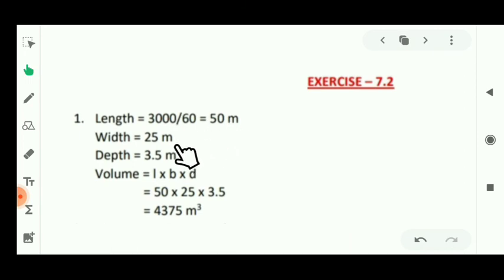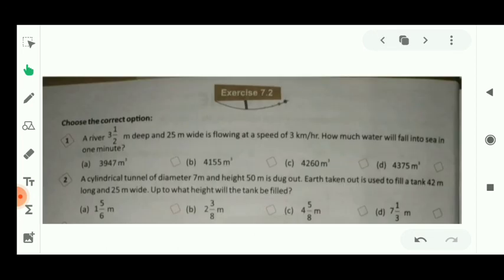Width is given 25 meter and depth is given 3.5 meter. So as you know, the volume is equal to L into B into D. Because depth is given, that means length 50 multiplied by 25 into depth 3.5. That means the volume will be 4375 meter cube. Let's see the next question.